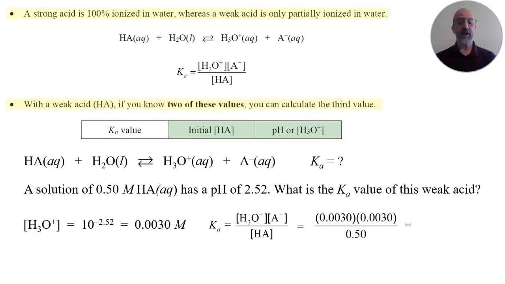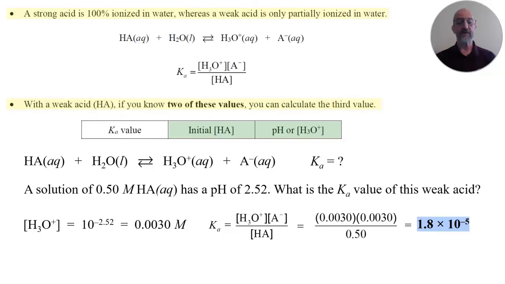So there's my numerator, and my denominator is the concentration of the weak acid. So I know everything in the Ka expression. I plug in 0.0030 squared divided by 0.5 into my calculator, and I get that the Ka is 1.8 times 10 to the negative 5. So just to show you some examples of if you know two of these three values, you can calculate the third value.